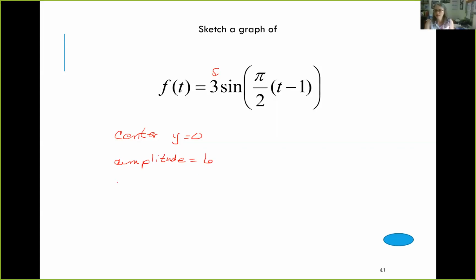What's the period? The period is 2 pi divided by whatever is multiplied by my variable. So the period is 4. And what's the horizontal shift?